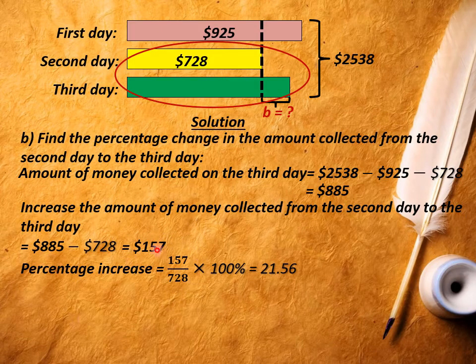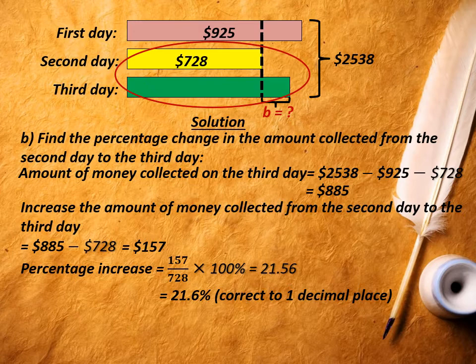And then you find the percentage increase. You take the change, 157, out of the original quantity, 728, and then multiply by 100%. You will see 21.56%. And they want you to round off your answer to one decimal place, the same.